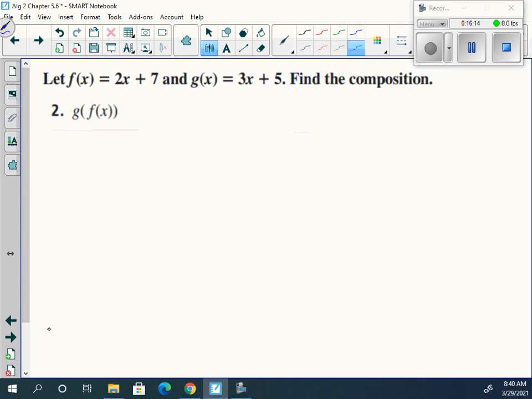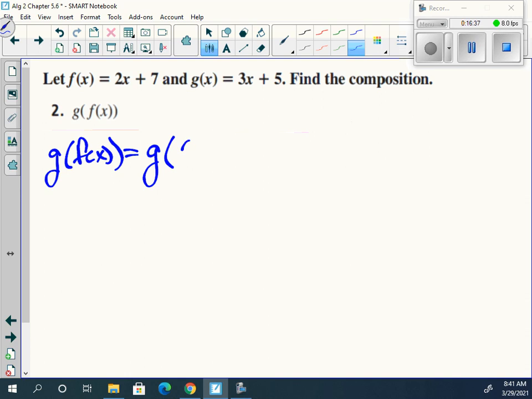All right, let's look at it going the other way. G of f of x. So this time, we start with f of x.